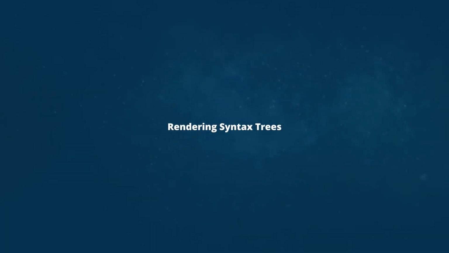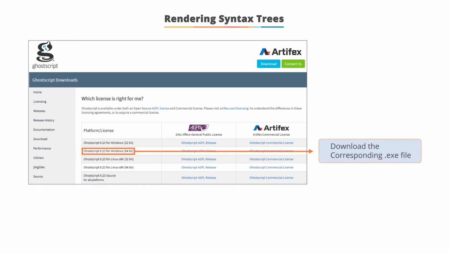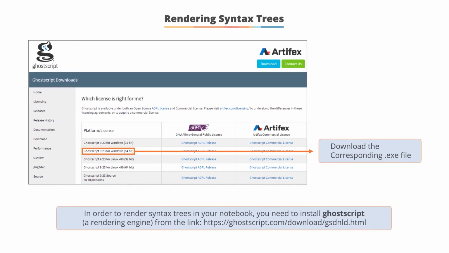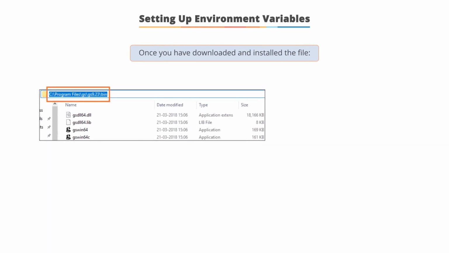Rendering syntax trees. Download the corresponding .exe file to install the Ghostscript rendering engine based on your system configuration in order to render syntax trees in your notebook. Let's understand how you can set up the environment variable. Once you have downloaded and installed the file, go to the folder where it is installed and copy the path of the file.